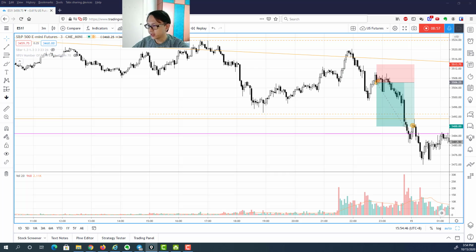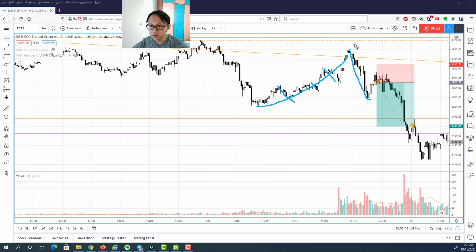And why did I say that? Because first of all, that's the context. There's a rejection from the downtrend line, and subsequently I see the supply increasing when we have this downswing. And third, if we compare it to the prior downswing, this is the largest downswing.